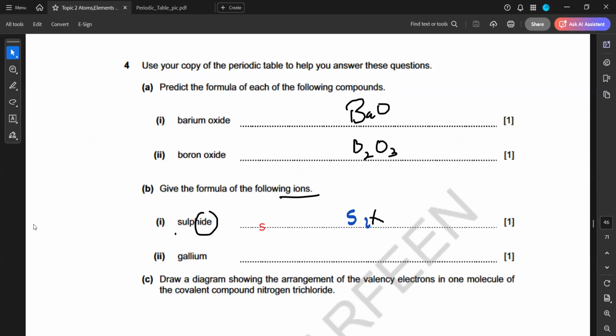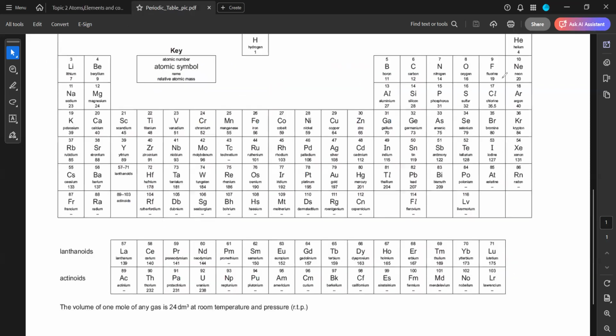So again, you have to use the periodic table for the charge of the ion. This is sulfur. Sulfur belongs to group 6. So for group 6, what should be the charge? The charge will be 2 minus. That's the sulfide ion.